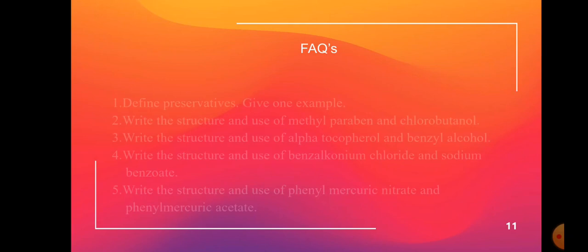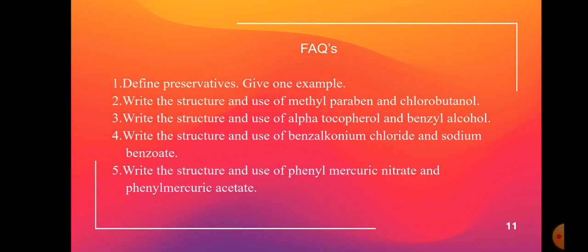After knowing about the preservatives, it is very much required to know some frequently asked questions on preservatives. Here are few. First, define preservatives. Give one example. Second, write the structure and use of methylparaben and chlorobutanol.